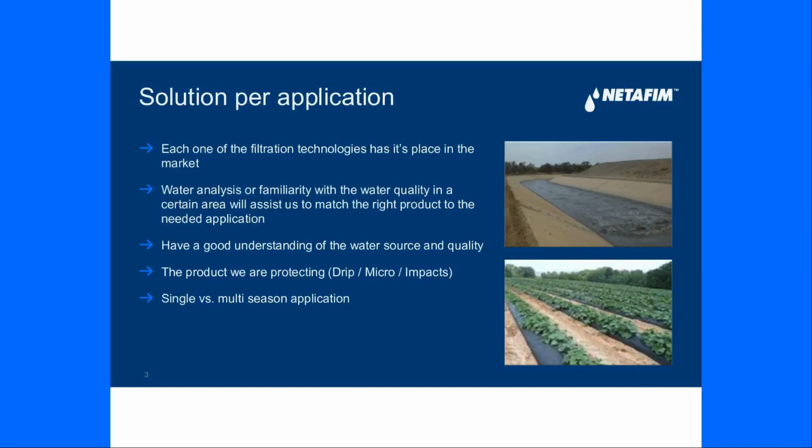And then in addition, how long is that system being designed for? Is it for a 20, 25-year application, or is it for a 5-year application? So all those things will come into play when we start talking about sizing filters and which filter product or method to use.